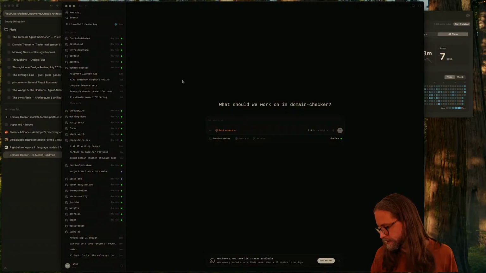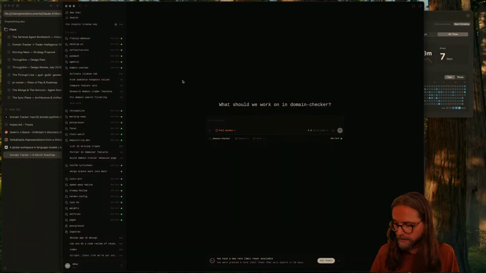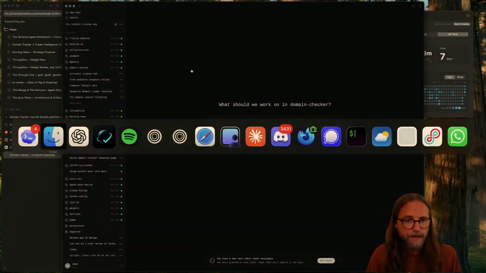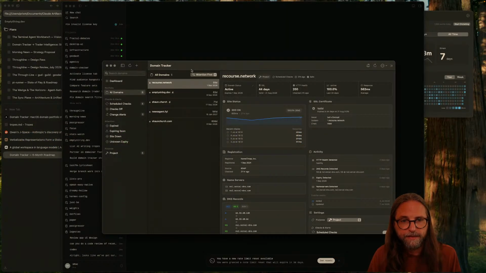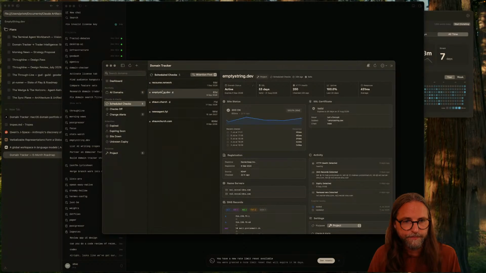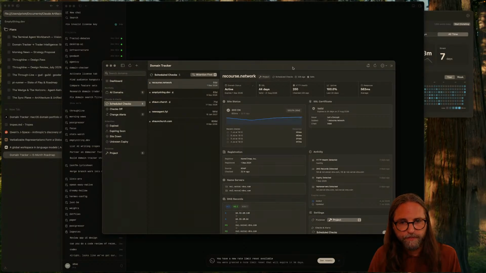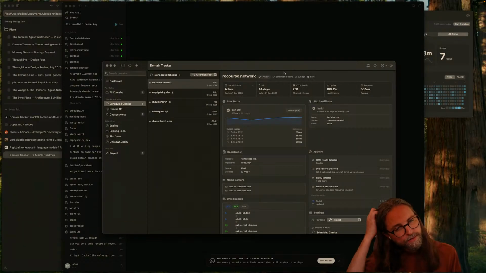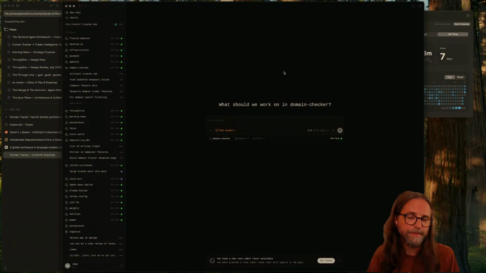I really need to go and get some food, honestly. Do we have anything we can kick off before we go? I saw something I wanted to run on this. I can't remember what it was.